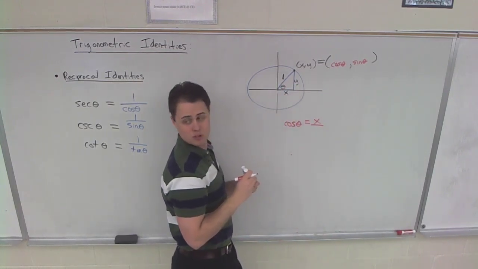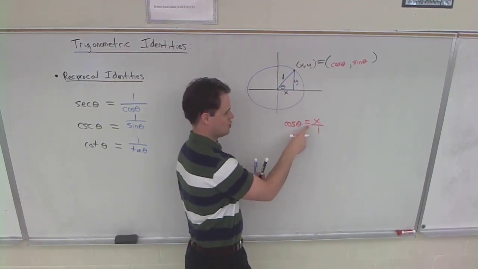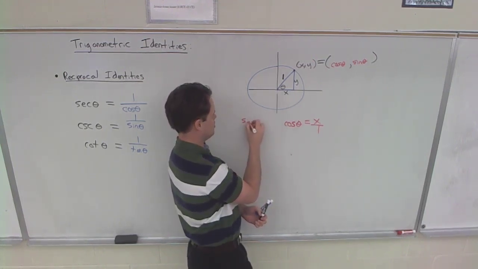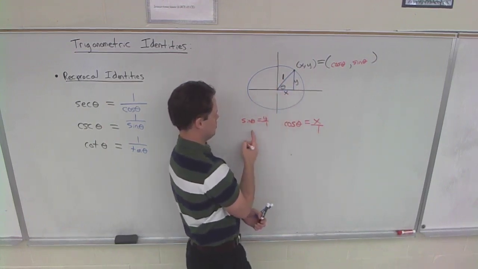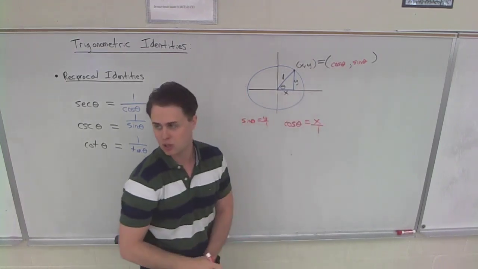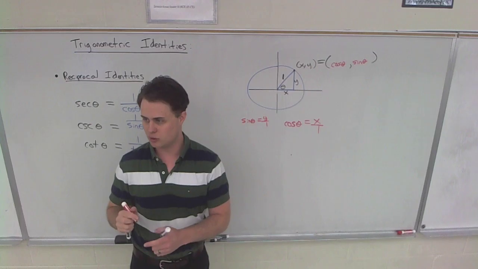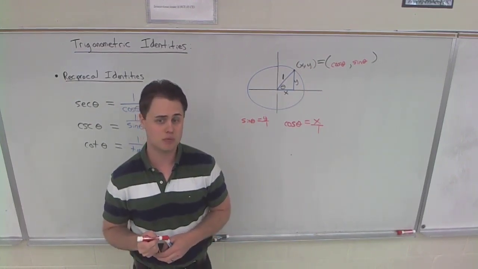It's 1 for the unit circle, right? And that's what says x is cosine. And then sine of theta is opposite over hypotenuse. So that says y is sine. That's how we came up with this to begin with. It's a very important little diagram to remember how that works, because that's where that came from, right?